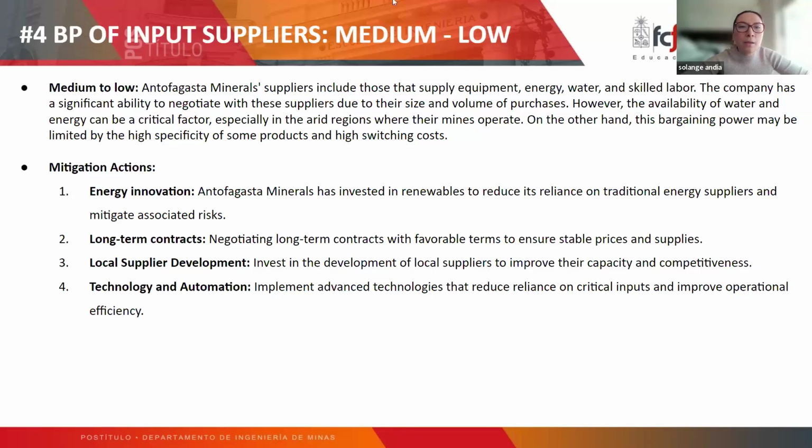Okay. Regarding the bargaining power of input suppliers for Antofagasta Minerals, it is medium to low because critical suppliers such as equipment, energy, water, and labor are highly specialized, with a fluctuation in the price of the raw materials. For example, if steel or fuel prices rise, suppliers may have more bargaining power.